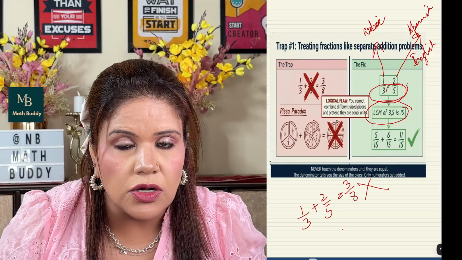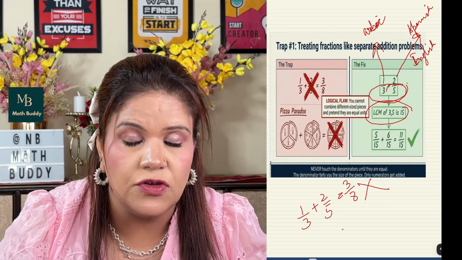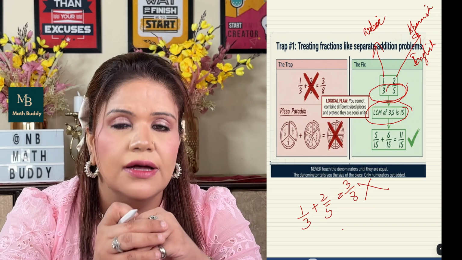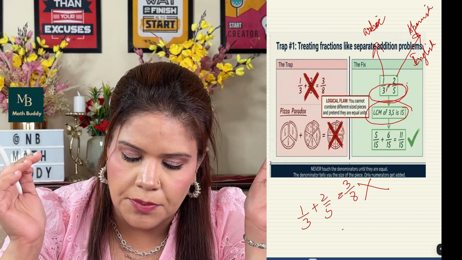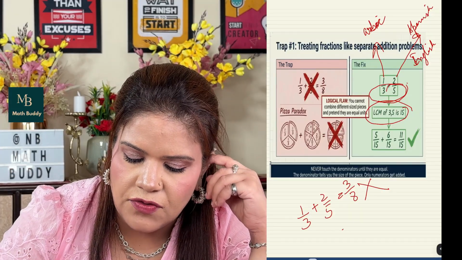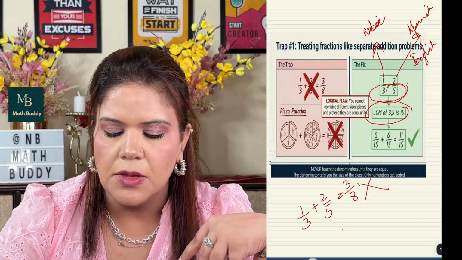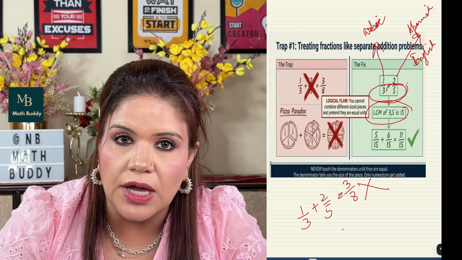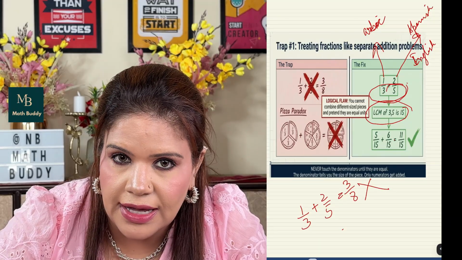No, because they have different baselines. We can only add or compare if we have the same denominator in fractions. So that's why we will find the LCM first, and then after finding the LCM we will convert them into equivalent fractions and then we will add. Now how to find LCM?